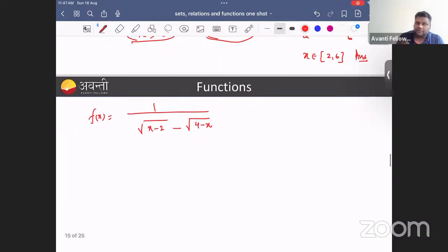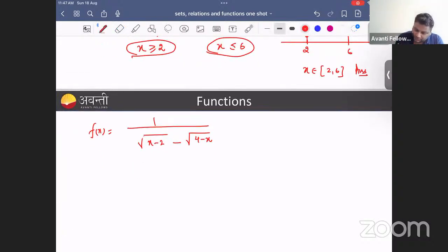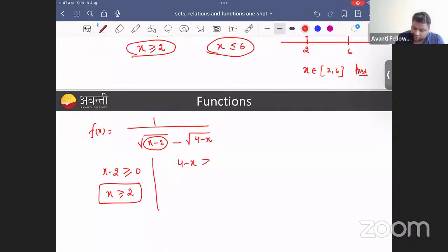See, one by one we will see. This x minus 2 should be greater than or equal to 0, means x more than or equal to 2. First case done. This 4 minus x should be greater than or equal to 0, means x is less than or equal to 4.